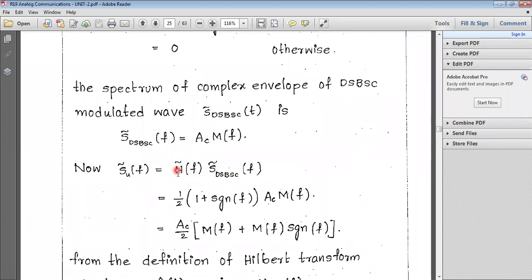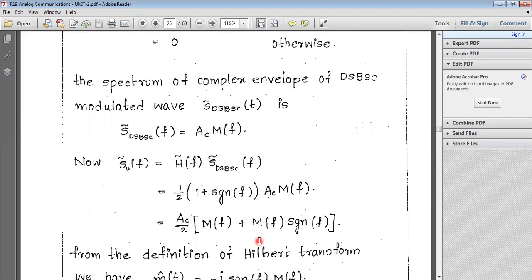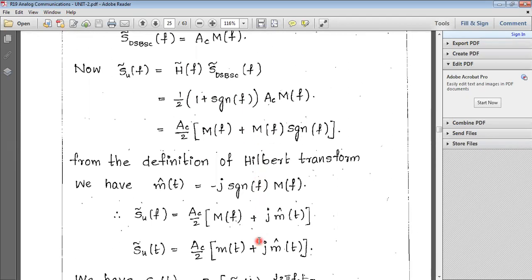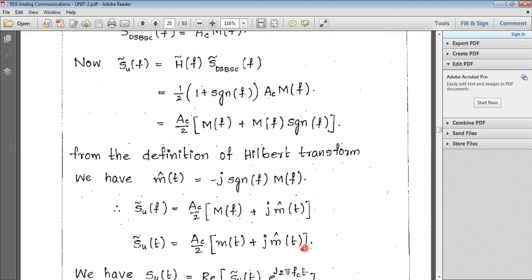So therefore here we consider the band pass filter transfer function. From that we can substitute the h of f value. After that here we have two terms. But according to the Hilbert transform, we have the relation for the out of phase signal. The out of phase message signal can be considered as minus j signum function into m of f. So from that we can substitute SU of t, the complex envelope, as AC by 2 into m of t plus j m cap of t.